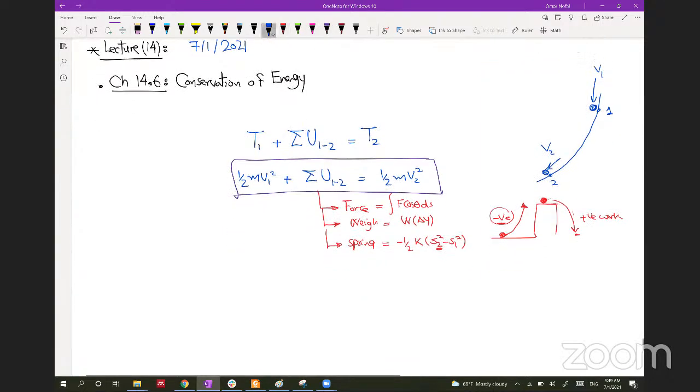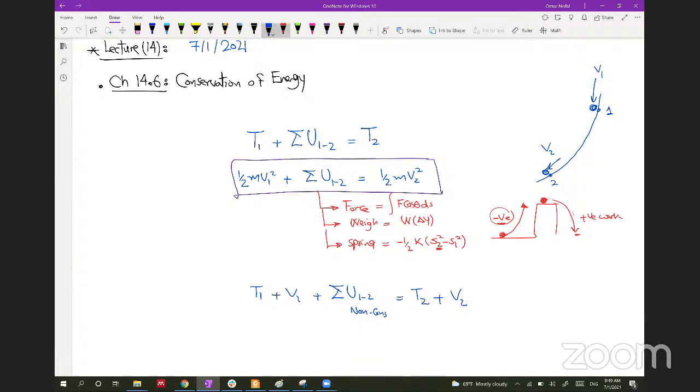But this is our work-energy equation. Also, you might want to use another equation which will give you the same answer, which is T1 plus V1 plus the work from 1 to 2 done only by non-conservative forces will be equal to T2 plus V2.